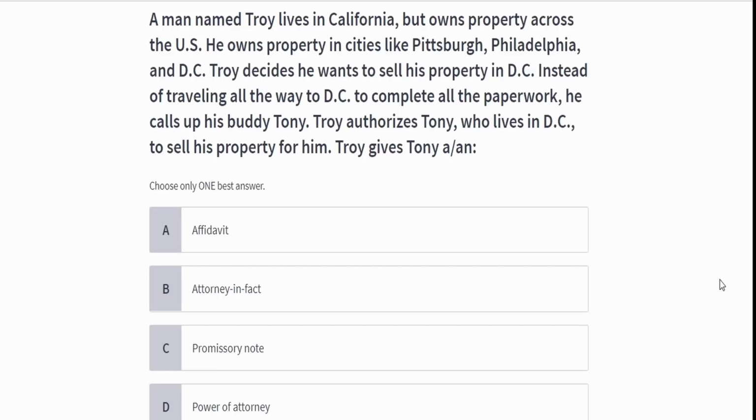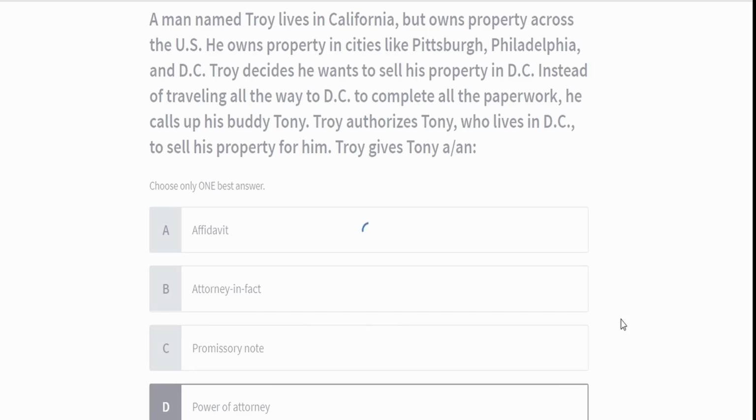All right, so this is a little bit of a tricky one. I'm curious how many of you are going to get this one right. So, what is our correct answer? It is D, power of attorney.